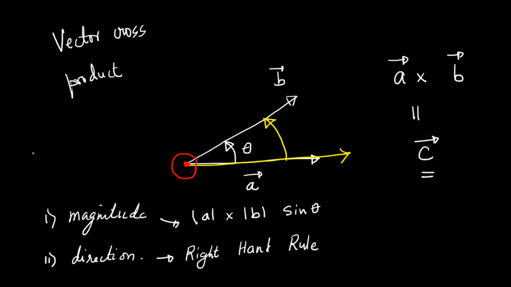So now suppose you were to do B cross A. Then the magnitude would be mod B into mod A into sine of 2 pi minus theta.